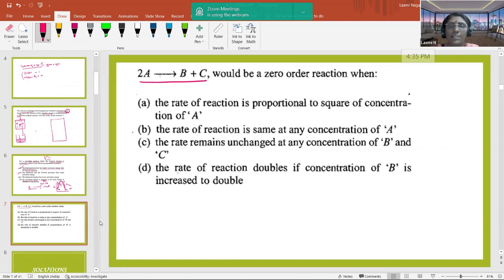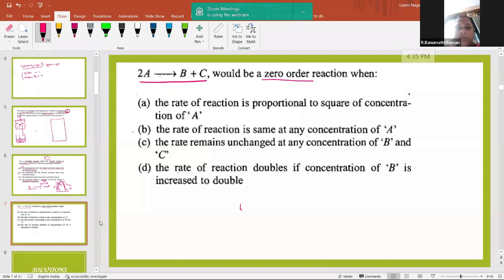2A gives B plus C would be a zero order reaction when? What would be the option?